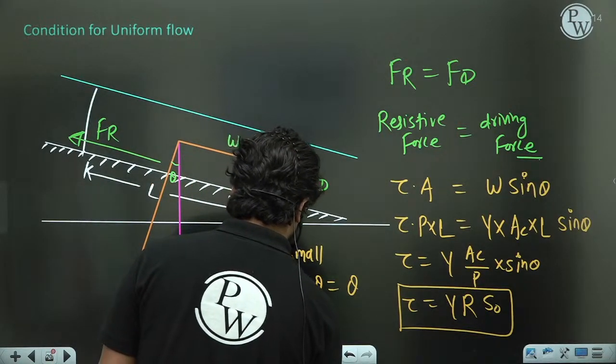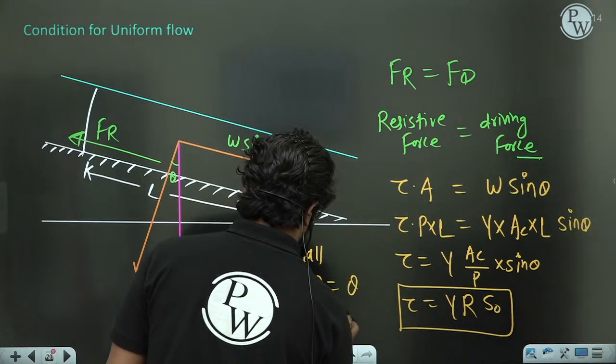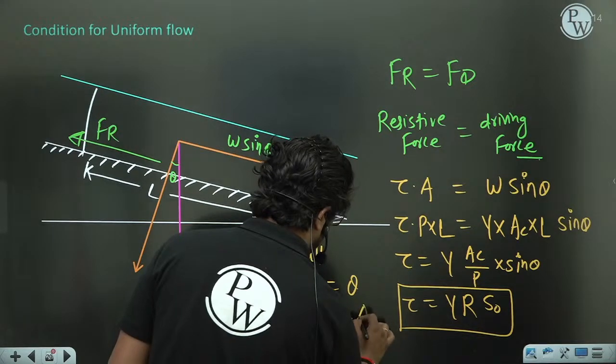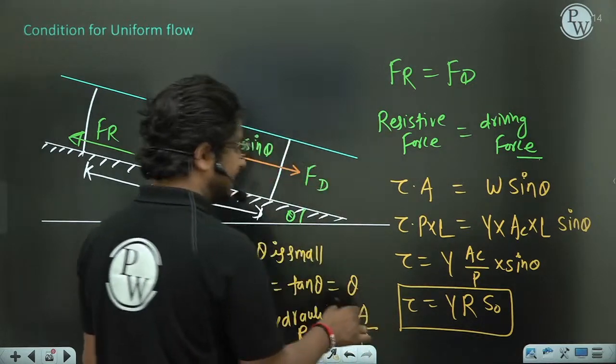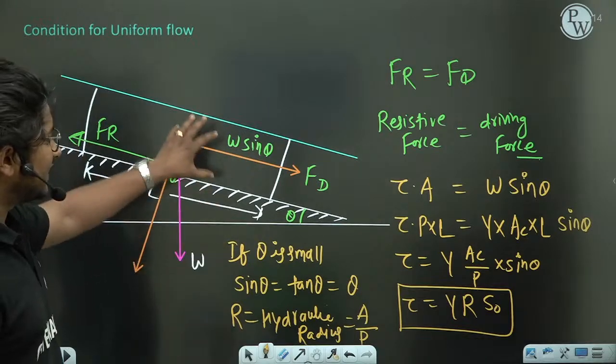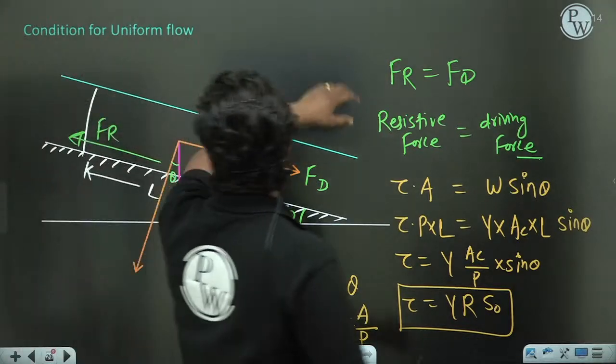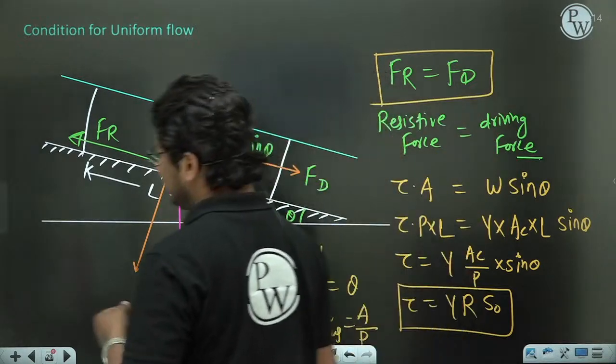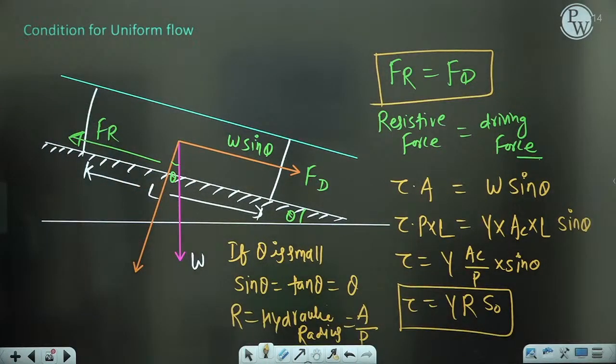This you will learn in the next topic. Hydraulic radius is equal to area by perimeter, wetted area by wetted perimeter. So have you understood this part? This becomes the condition for the uniform flow, that your FR should be equal to FD.